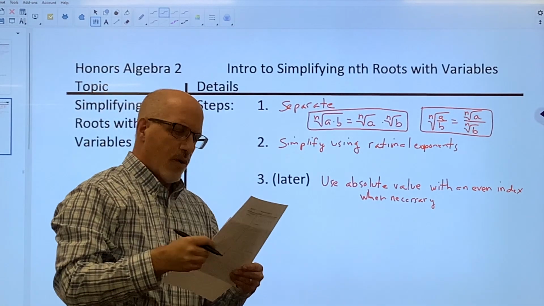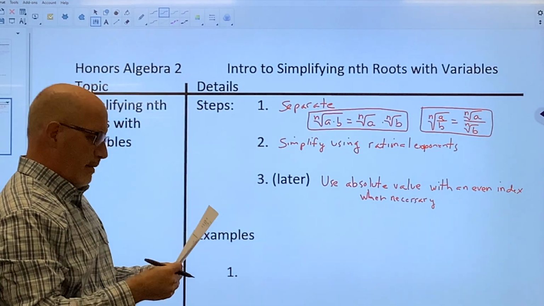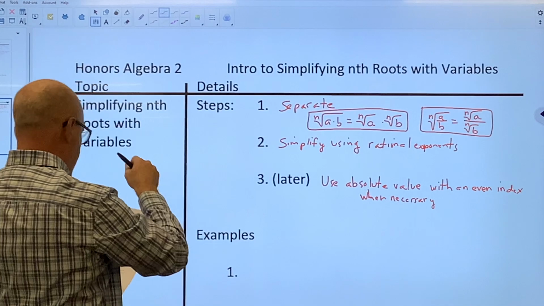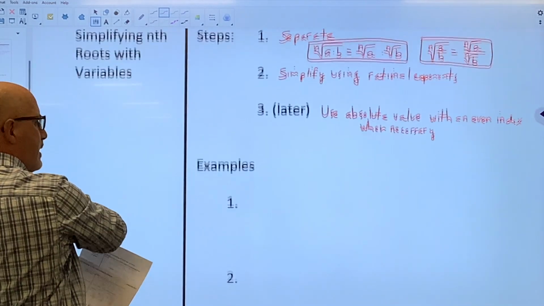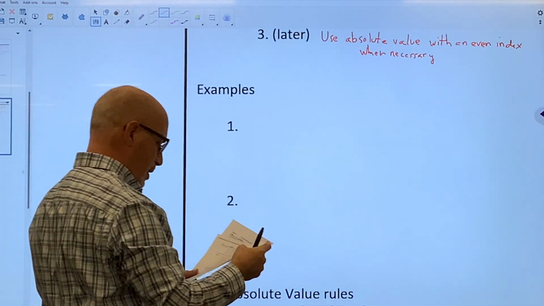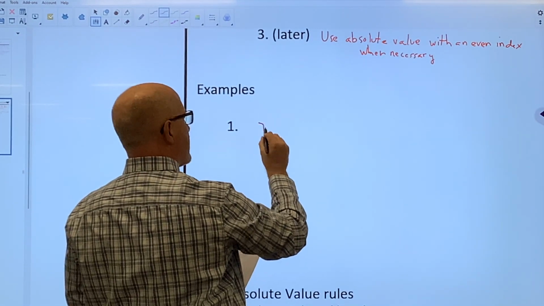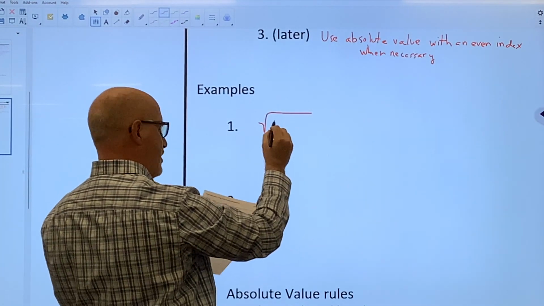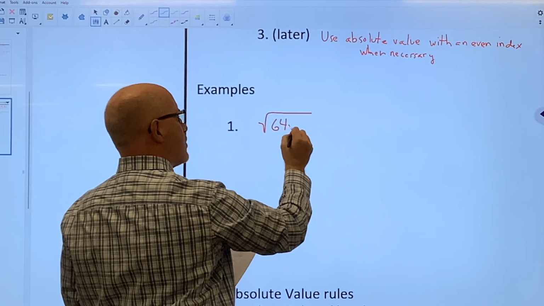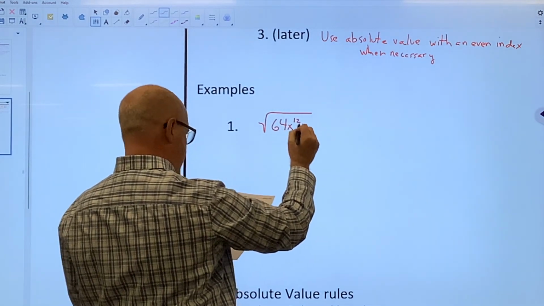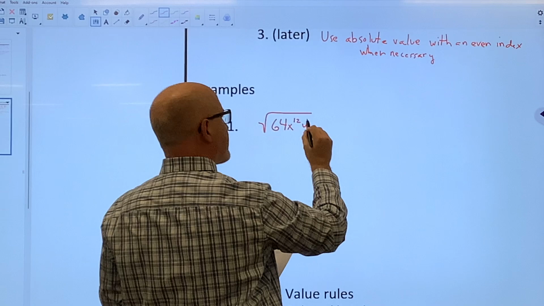All right, so let's go ahead and do some examples here. So the first one, what I want to do is take a problem like this. If we've got the square root, so I'll start with the square root of 64, x to the 12th, y to the 20th power.